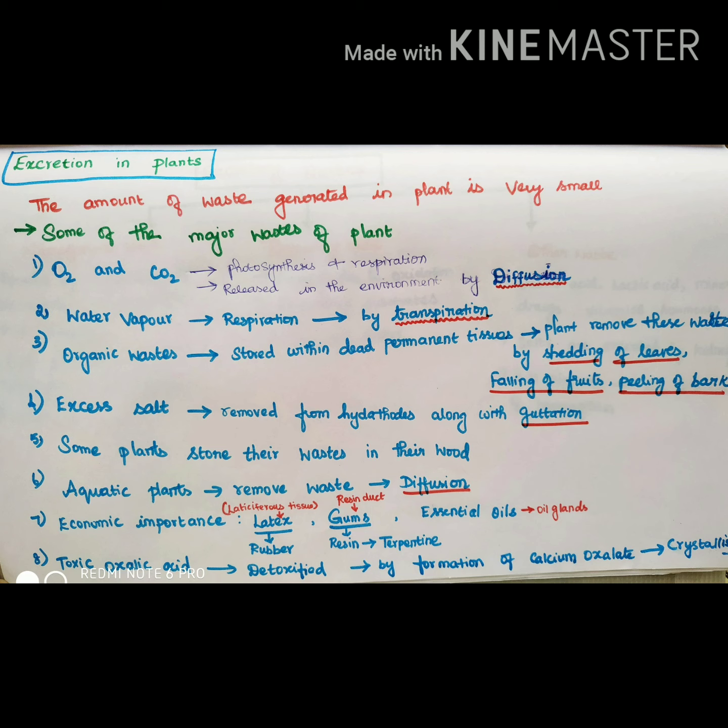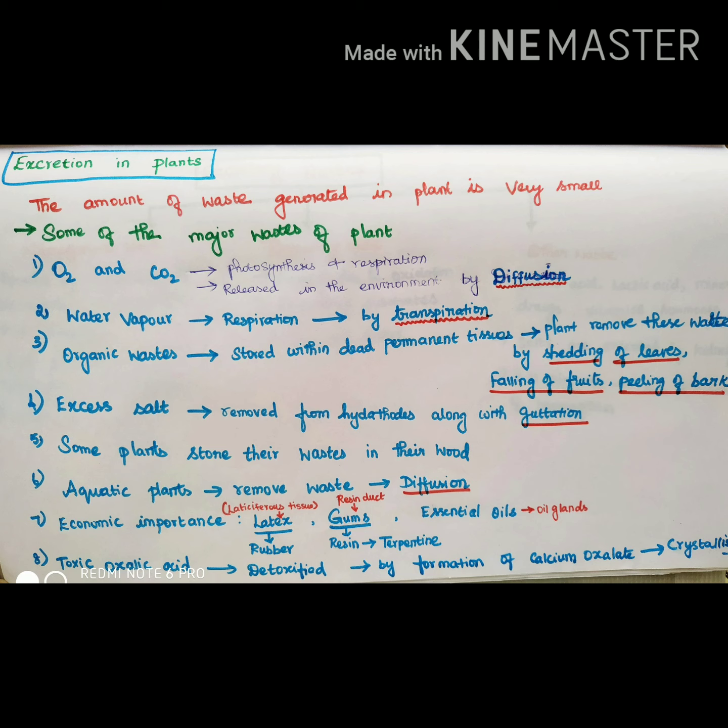And number 6, in aquatic plants, the removal of waste takes place only by the diffusion process. And number 7, it is very important, economic importance. Some of the waste products in plants like latex, gums, and essential oils are considered waste products of the plant.